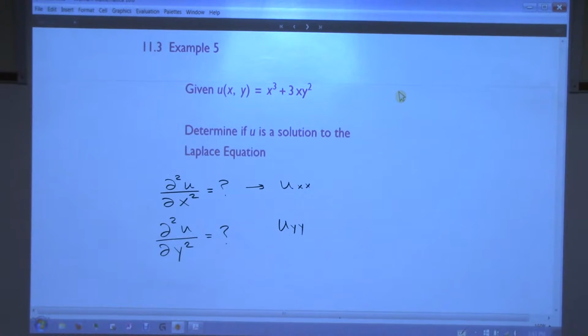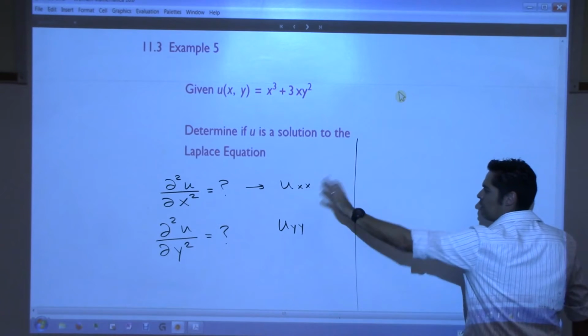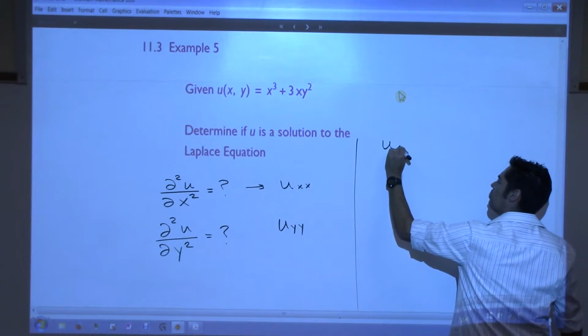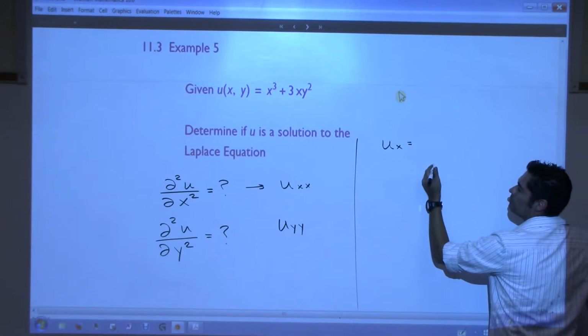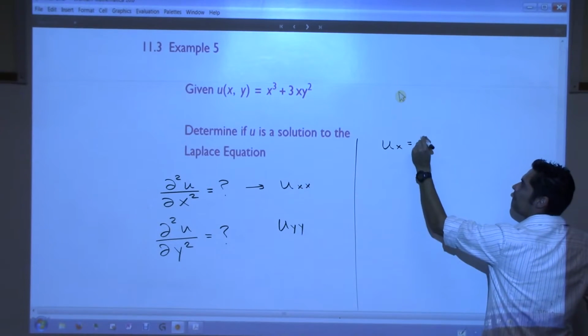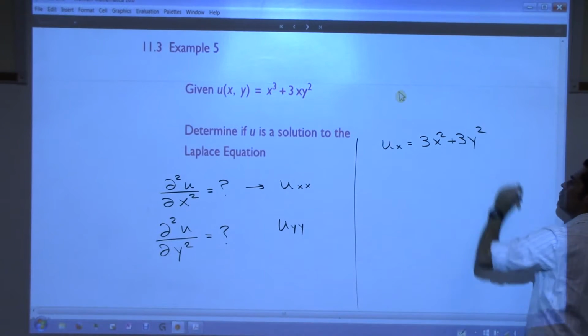So what is uxx? Let's just figure it out right here. This is all just what I'm thinking. What's u sub x? Three x squared plus 3y squared. You'll agree?